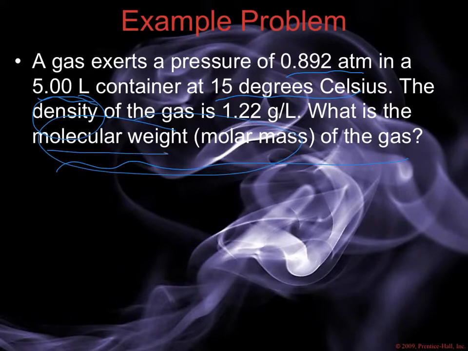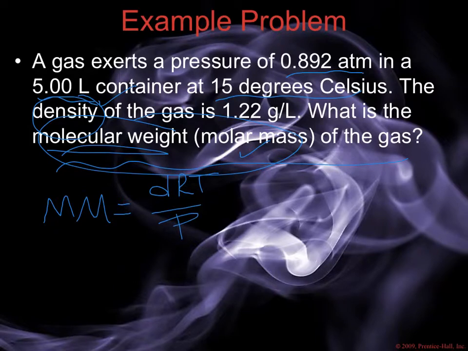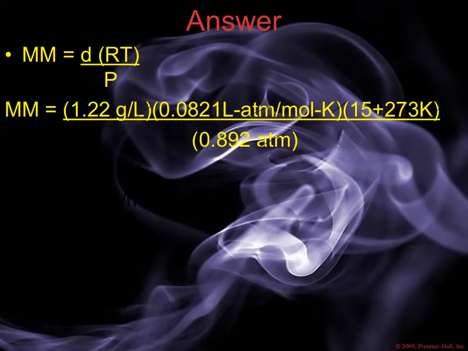Another name for molar mass is molecular weight. Anytime you see density or molar mass, you need to write that cute little formula I told you how to remember. So before I do anything, I'm going to say, okay, mangy mutts put dirt over their P. That's it. That's all you have to do to solve this problem. Now plug everything in. And there we go.